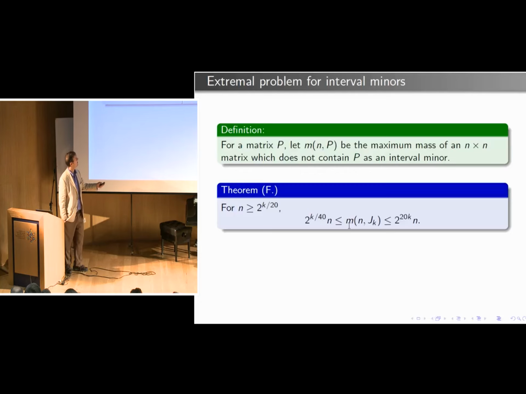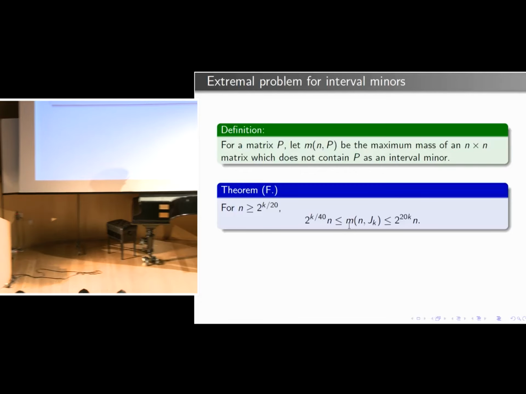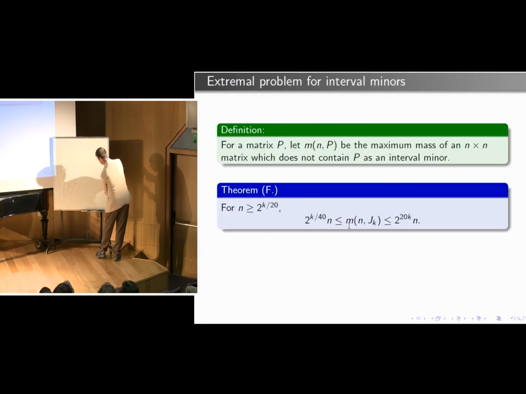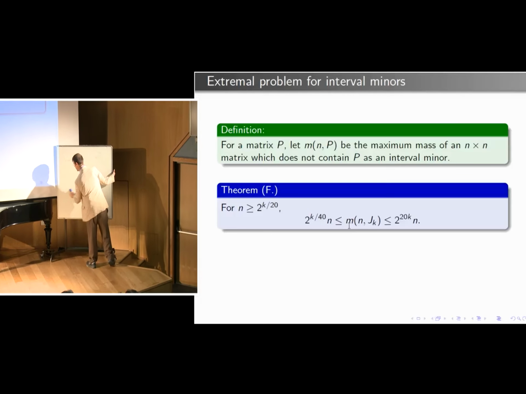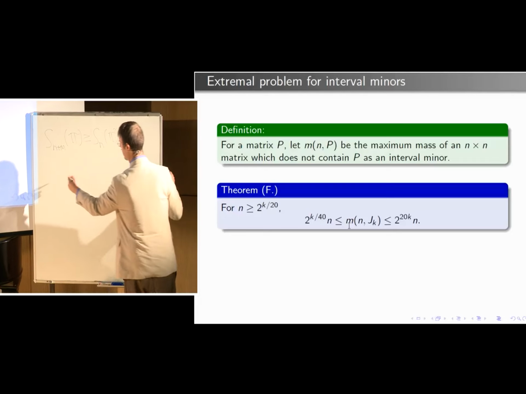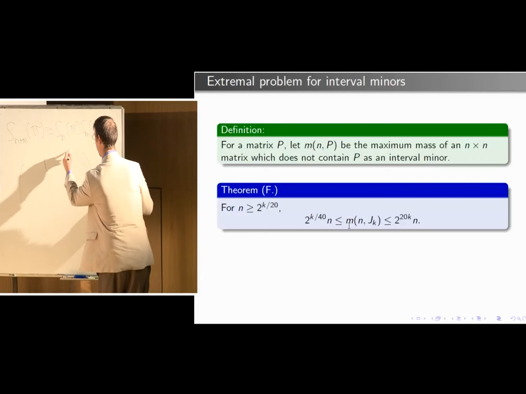So what does this say? What is this question asking for? You have an n by n matrix. How many ways can you fill in ones so that no matter how you partition the rows into K intervals and the columns into K intervals, one of the K squared blocks will be all zeros.